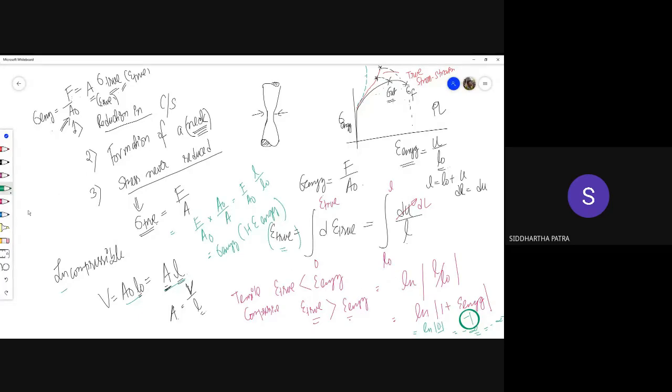But you see, this expression ln(1 + h) tends to h only when the limit h tends to 0. For any h greater than 0, ln of 1 plus h is actually smaller than h.